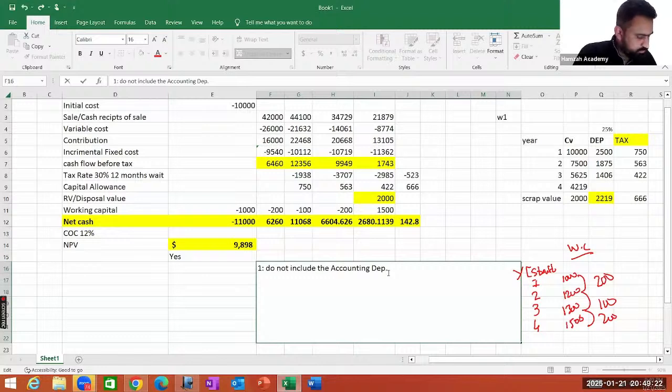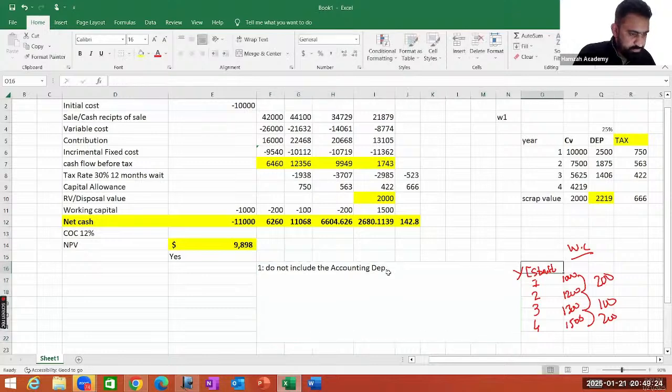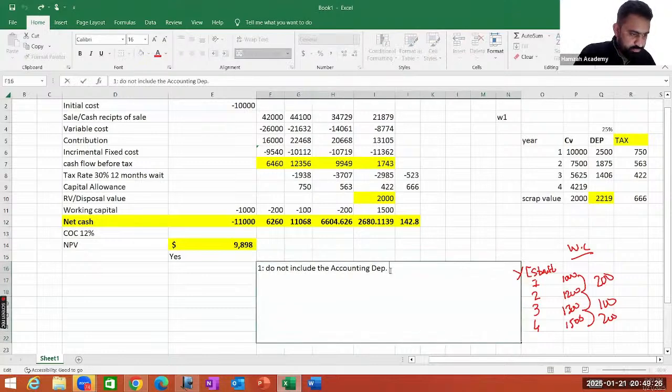Number two, which we should not include in NPV is interest payments on debt.